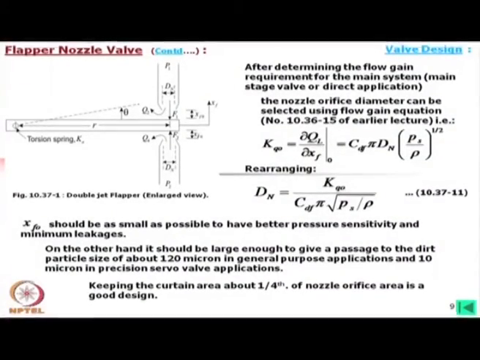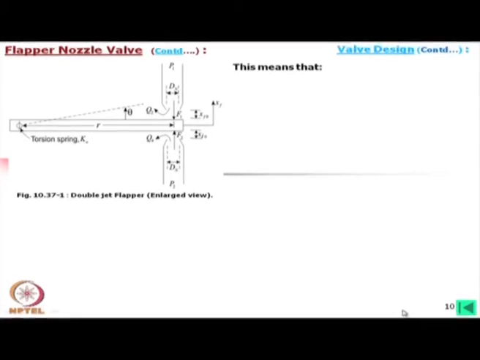Keeping the carton area about 1/4 of the nozzle orifice area is a good design. So, this is just for the valve design. This value is from experience; if we maintain such relations, then the valve design will be better.